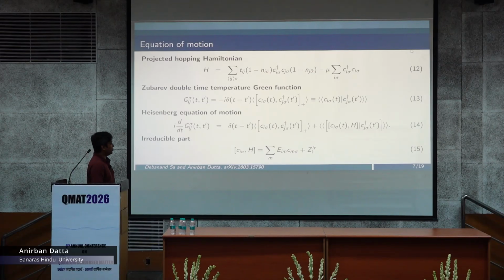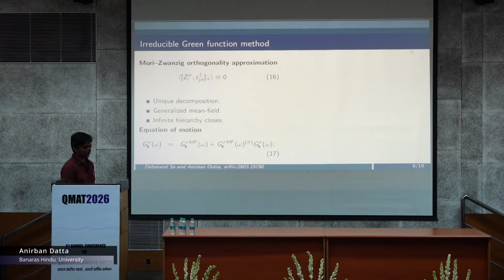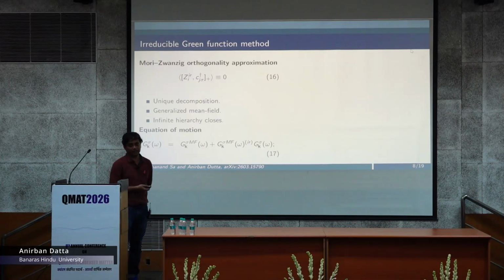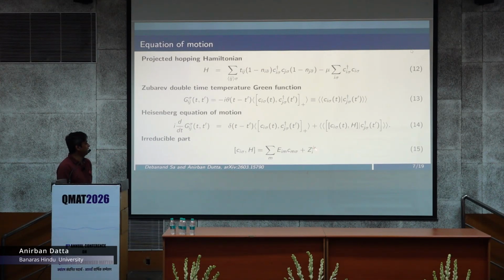So I use an approximation, which is called the Mori-Zwanzig orthogonality condition. The mathematical form of the approximation is this. Physically, this means that your fluctuation is orthogonal to your mean field value. Now if you use this condition, it will do three things. First, it will uniquely decompose this term.